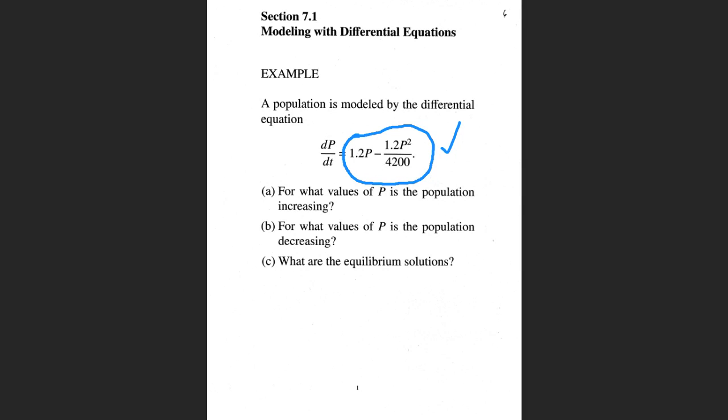Okay, so let's go to the next page. Here's the next page. What I've done is I factored out a common factor of 1.2p. And so now my differential equation, dP/dt, can be written as the product of 1.2p times the other factor, 1 minus p over 4,200.